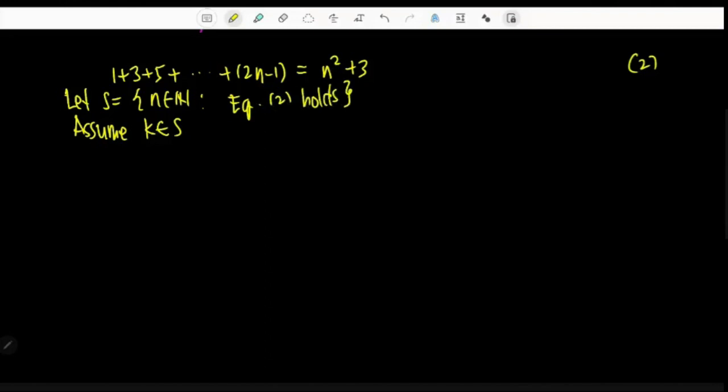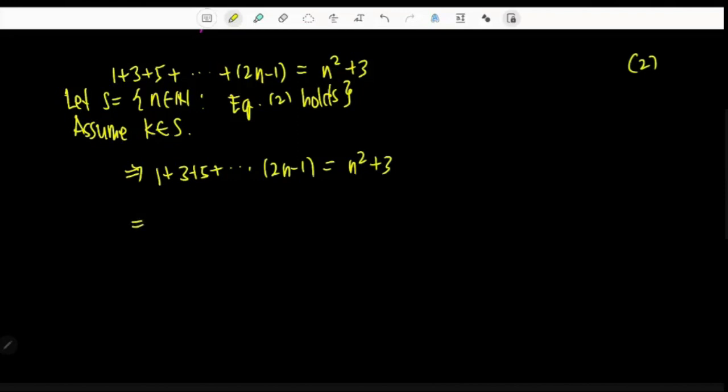And we went straight away to assume that k is in S. If k is in S, then that would necessarily mean that 1 plus 3 plus 5 and so on up to 2n minus 1 is equal to n squared plus 3. So what does this tell us?